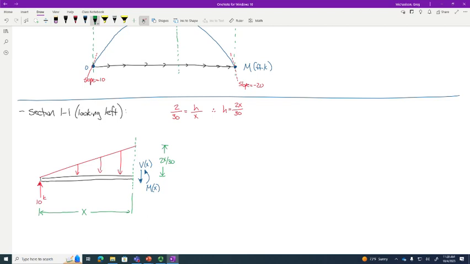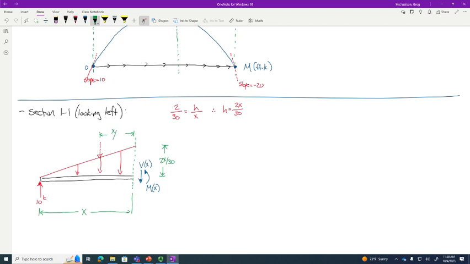So the idea is that we're going to collapse this into a single point load. So here's a single point load. Remind me again, what's this distance right here? What's that distance going to be? x over 3.